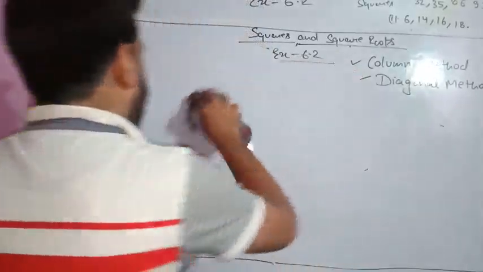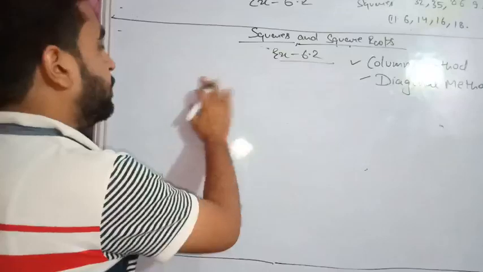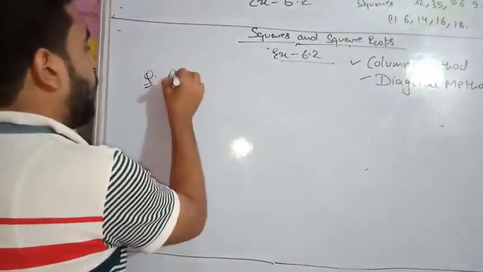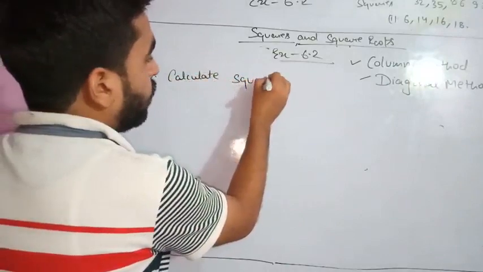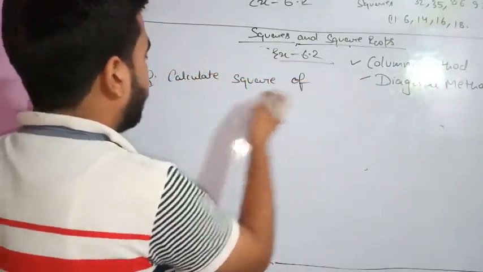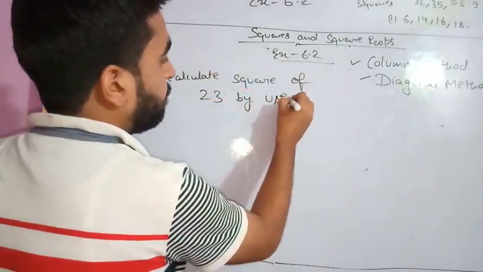As by the name it is clear, we have to create columns. For example, suppose we calculate the square of any number, say 23, by using the column method.